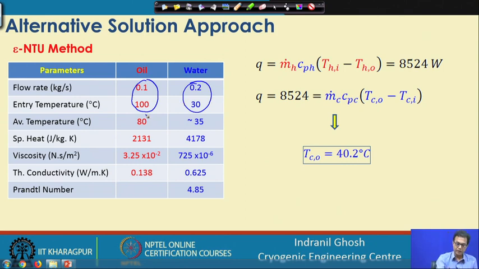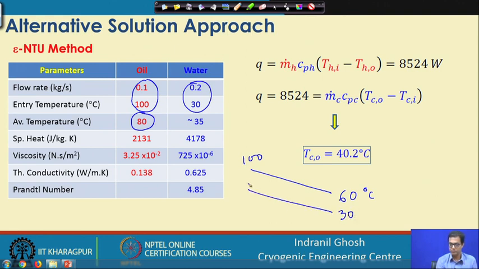So, we have been able to find this average temperature of the oil, or the hot fluid, because we know the exit temperature of this oil, and it is going from 100 to 60 degree centigrade, and the cold fluid is coming in at 30 degree centigrade and going out to 40 degree centigrade.